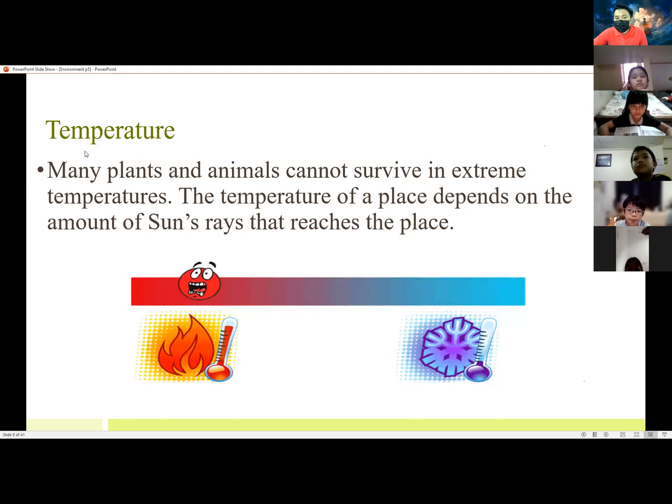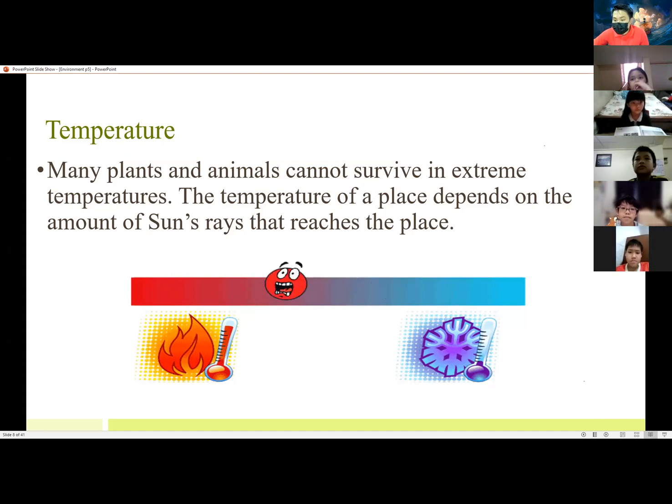Good. So many plants cannot live in extreme temperatures. Why? Because it can be too hot or too cold. If it's too hot, some animals move to another place because they cannot live there. Just like here in Thailand, as you can see, it has a lot of birds, right?